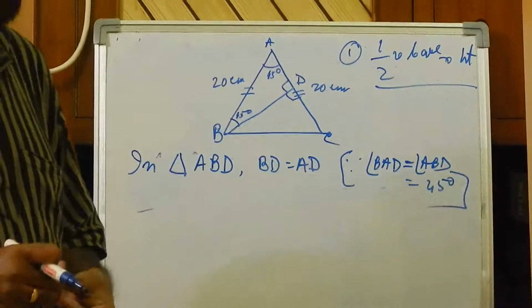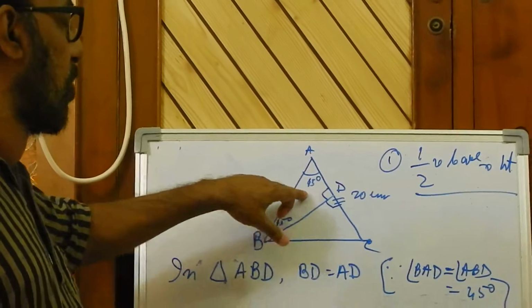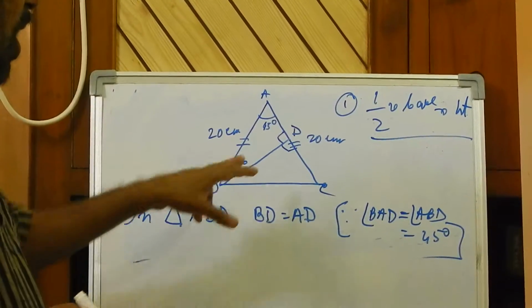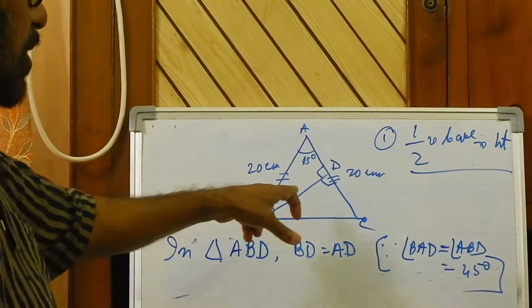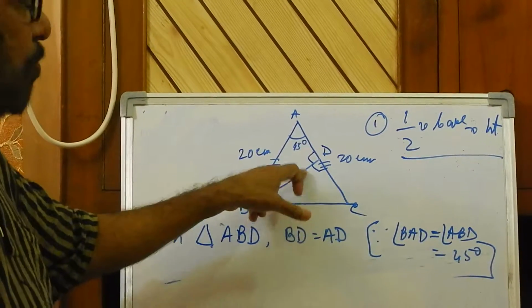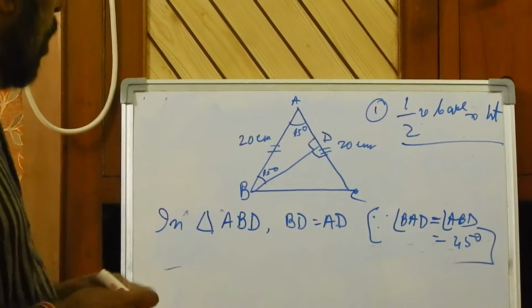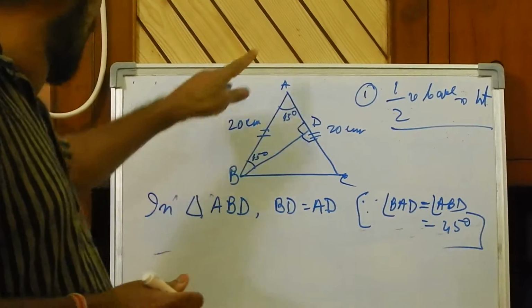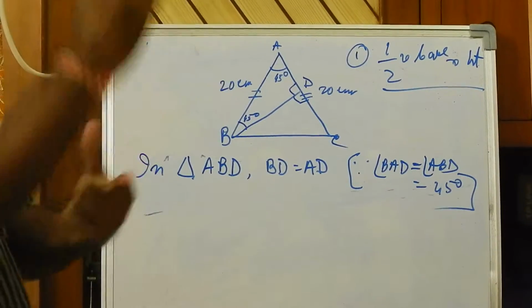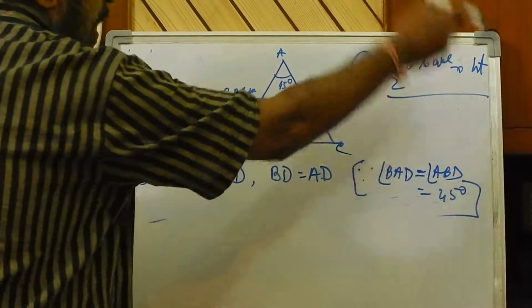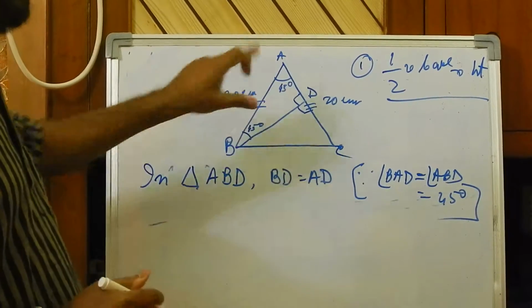And the question is, why are you concentrating on this triangle? Because this triangle includes the BD. And what we require to deduct the area of ABC needs base and height, half into base into height. So base is AC.